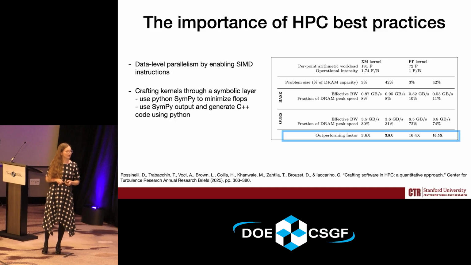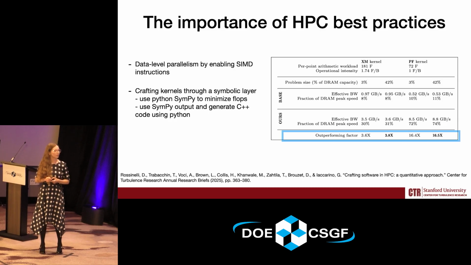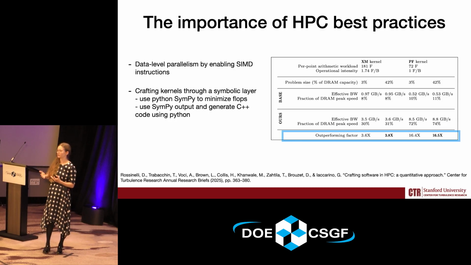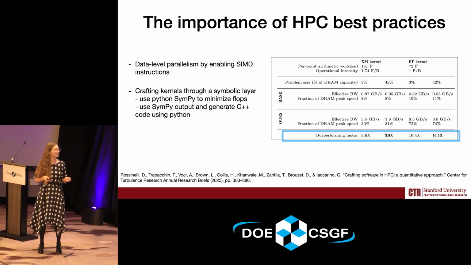I'd like to talk, since I have time, about one more aspect of my work, which is the HPC component. What I did with some of the colleagues in my lab is I took my code and together we retrofitted some of the best HPC practices into the code. I'd like to highlight a few of the most valuable ones for my code.